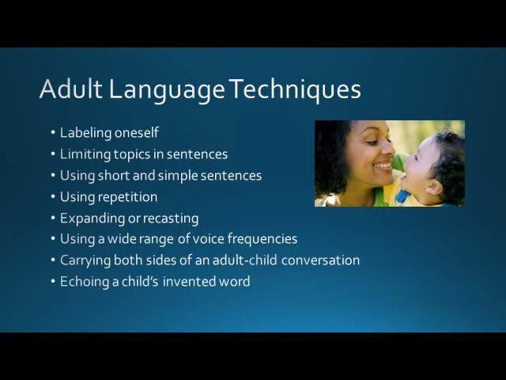And then echoing a child's invented word. Many toddlers adopt a special word for a certain object, and the whole family may use the child's word in conversational exchanges also. This is something that is considered to be most appropriate for parents and only occasionally appropriate for caregivers, because really we do want children to learn correct words too.